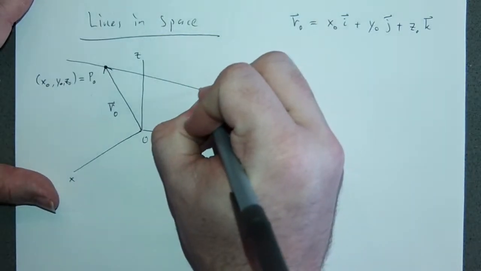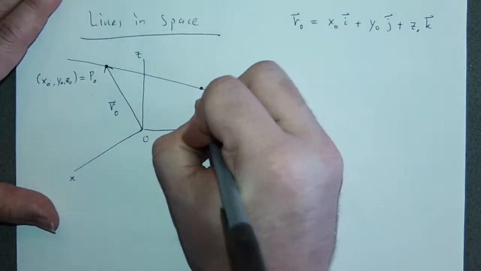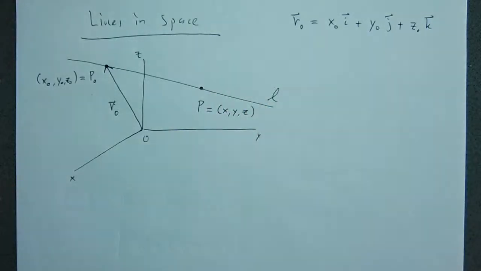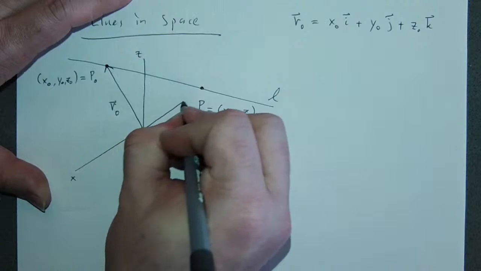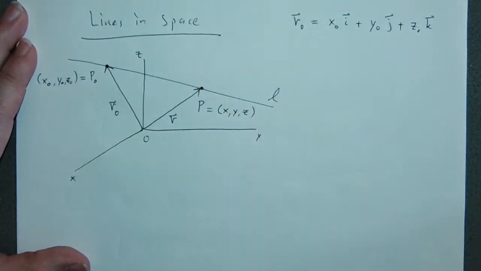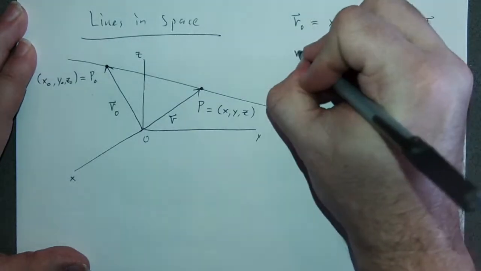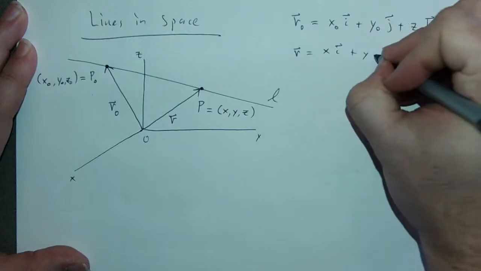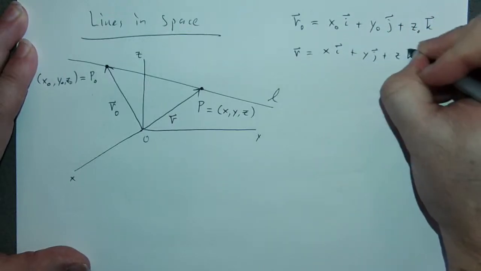So say a general point on the line is this point P, which has the coordinates just x, y, and z. So the idea is that I want to come up with equations that give to me the set of coordinates x, y, z satisfying a set of equations that describes this line in space. And of course, there's another vector pointing to that point that I'll call r. And this r that we're seeking has components x i plus y j plus z k.